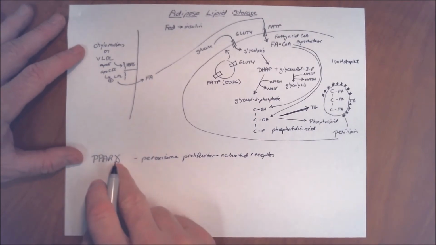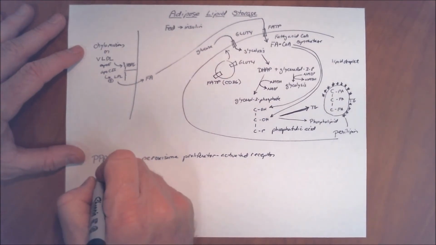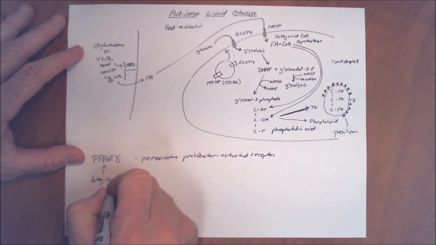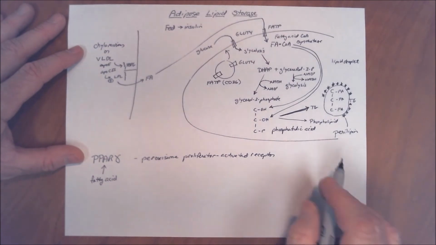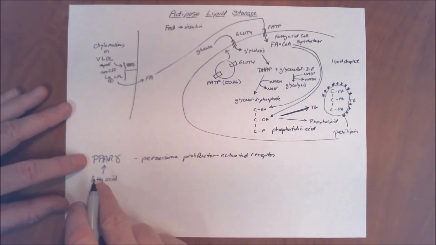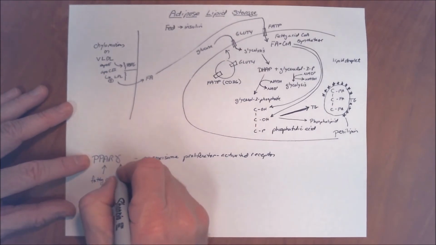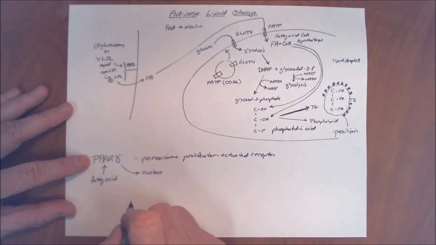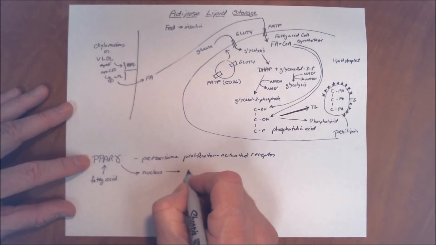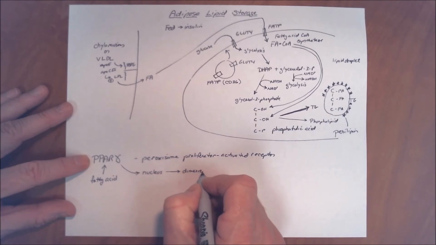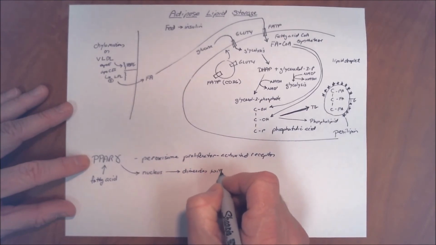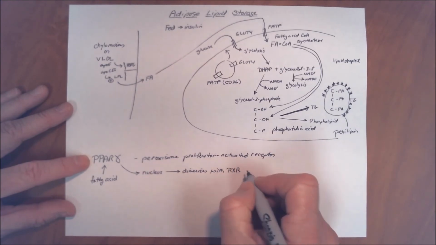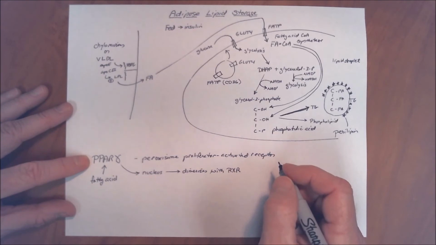This is an intracellular receptor, and the ligand for this receptor is thought to be a fatty acid. So upon entrance of fatty acids, the fatty acid binds to PPAR gamma, and this translocates to the nucleus. Once it reaches the nucleus, it dimerizes with another transcription factor called the retinoic acid X receptor, RXR.